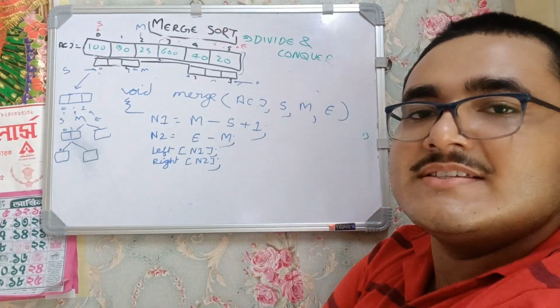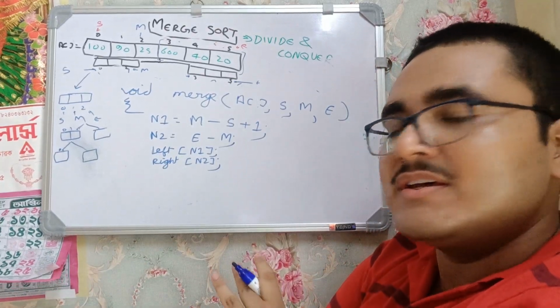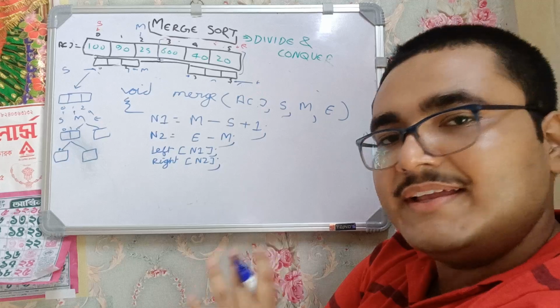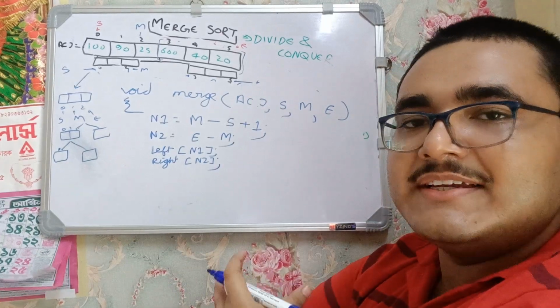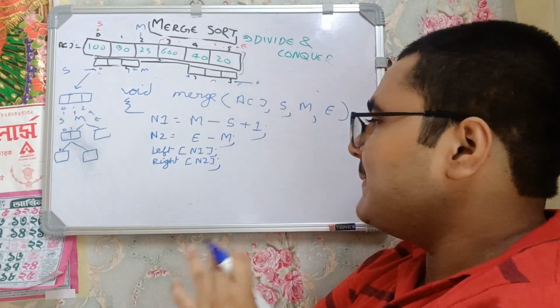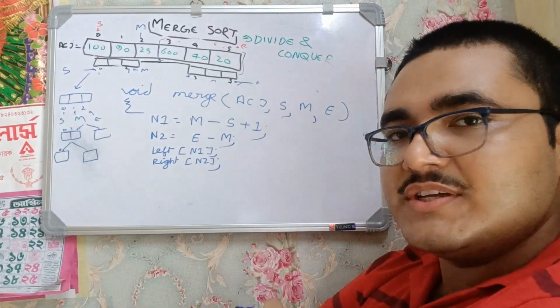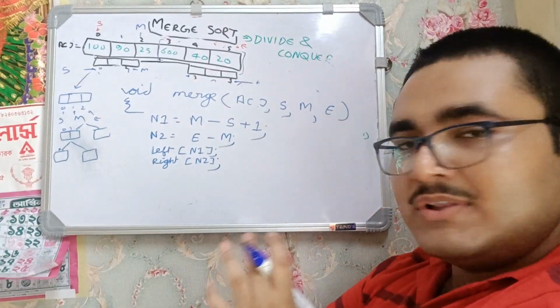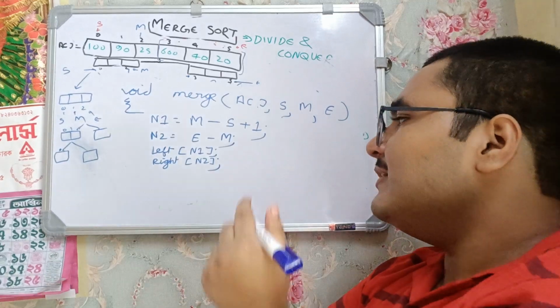If it is Java, it is like left equal to new int n1, and right equal to new int n2. So it depends upon the programming language you are using. So left of n1, right of n2.